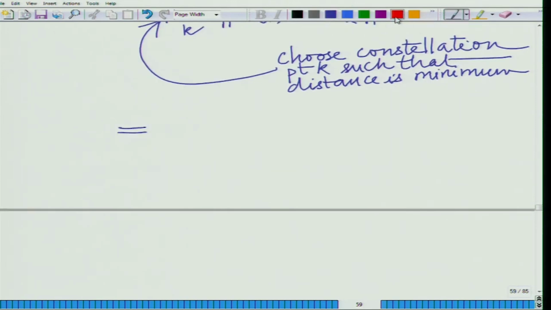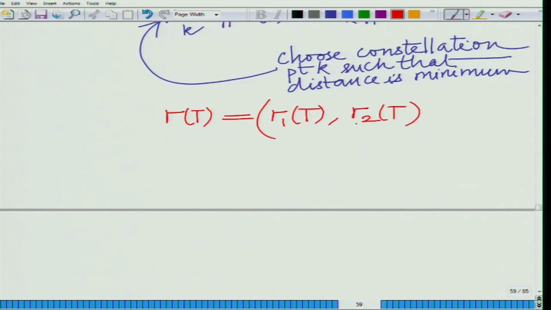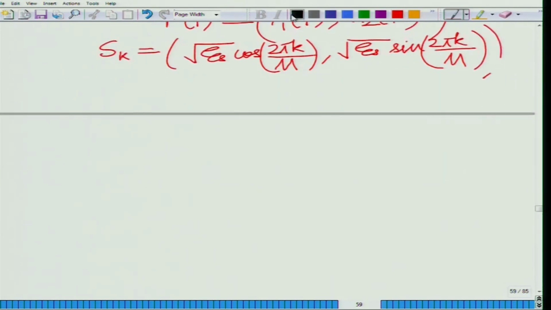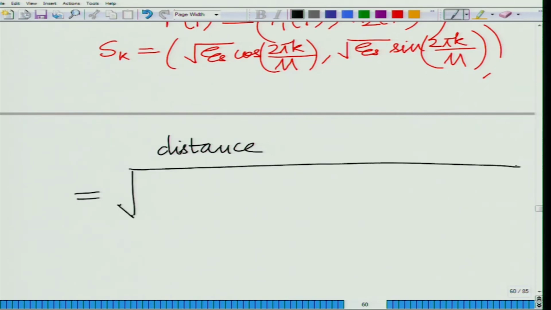And I can express, once again, r(t) equals R1, R2, it is a 2-dimensional point, and S_k equals square root of Es cosine 2 pi k by M, square root of Es sine 2 pi k by M. So, the distance will be, well, we know how to measure the distance between two-dimensional points.